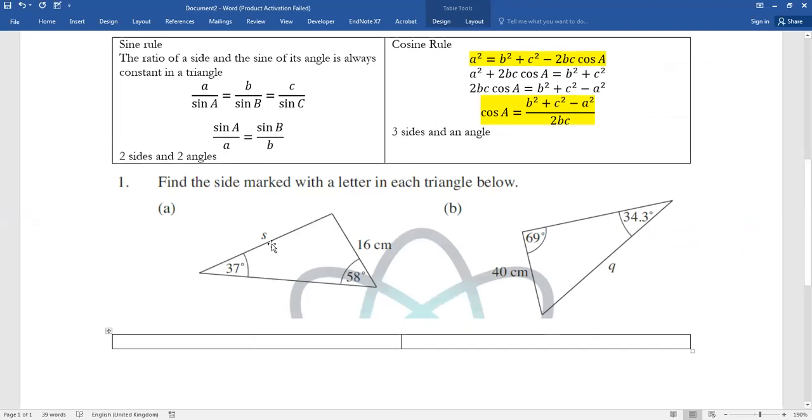First of all, it's not a right angle triangle, so we cannot apply SOHCAHTOA or Pythagoras theorem. We have to apply sine rule or the cosine rule. So if I want to find out side S, I'll first check for cosine rule. If I want to find one of the sides, I must know the remaining two sides and the corresponding angle of the side. Do I know the remaining two sides?